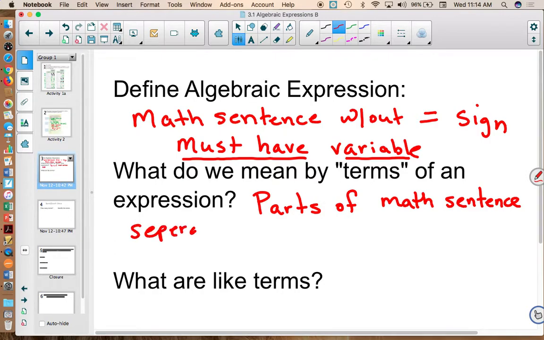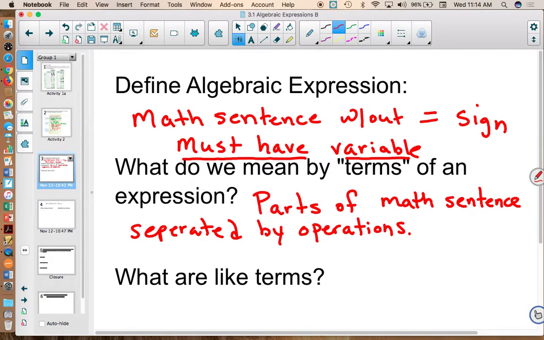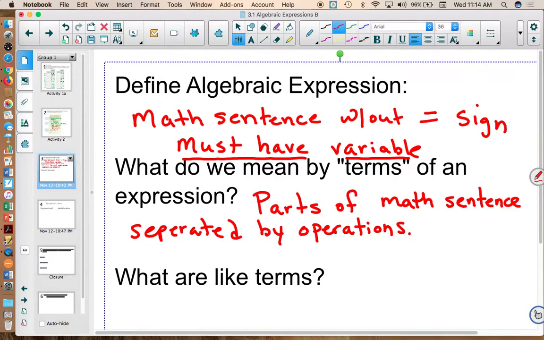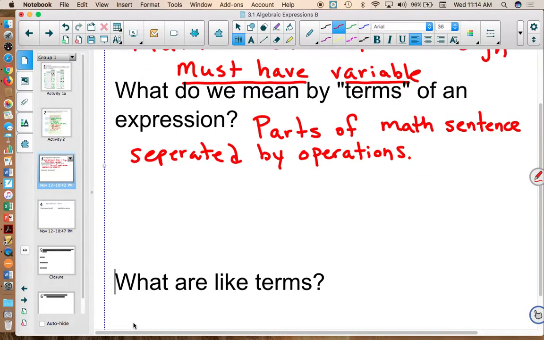separated by operations. Okay. For example, if we said 3x plus 4 minus x plus 1.